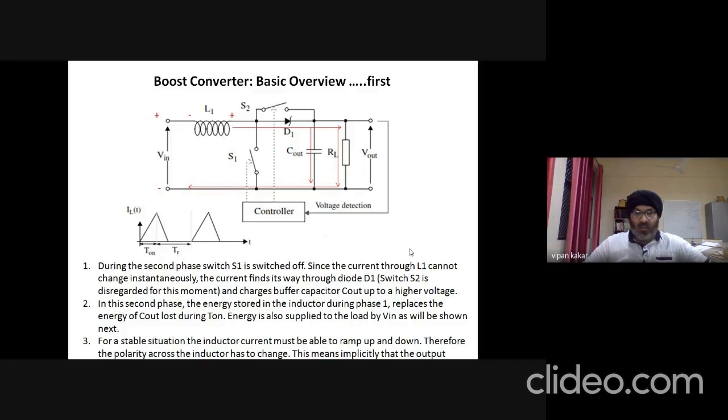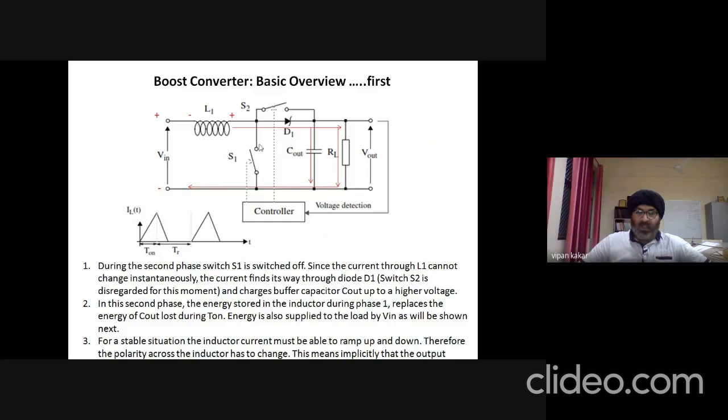Okay, so qualitatively, during this second phase, we know that the switch S1 gets turned off or opened, and when it gets opened, the inductor reverses its polarity, as we already know from the characteristics of the inductor. So during phase 2, this switch S1 is switched off or opened.